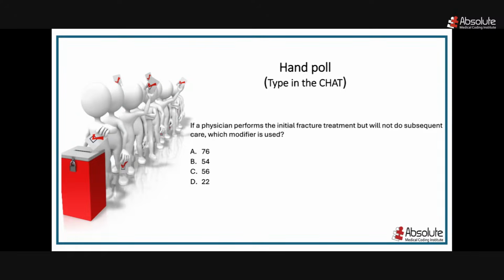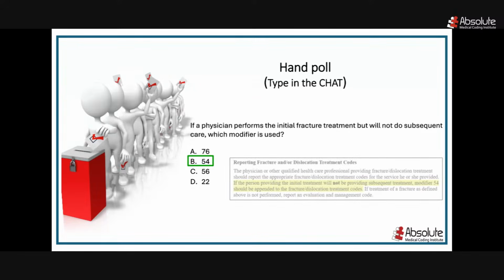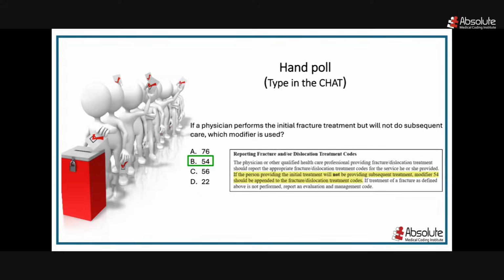Okay, I can see only option B in the chat. And yes, indeed, that is the correct answer. If a person providing the initial treatment will not provide subsequent treatment, you should use a modifier 54. Okay, yes, so that is another important guideline.